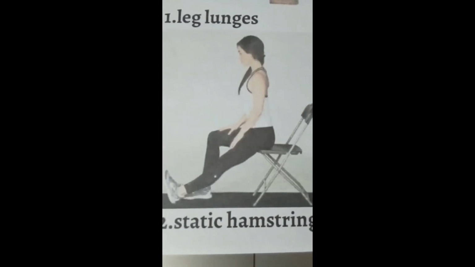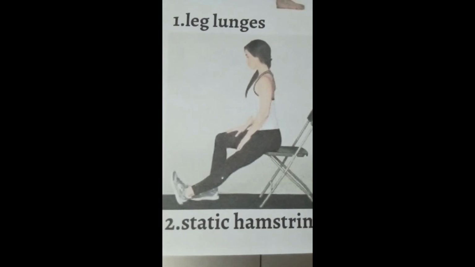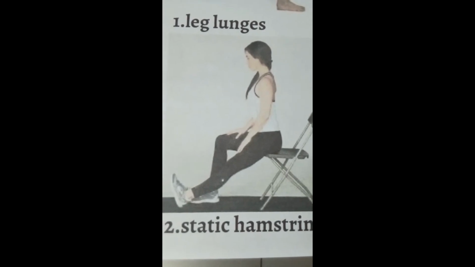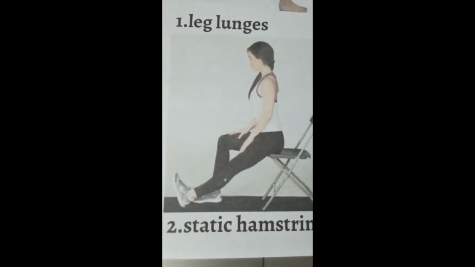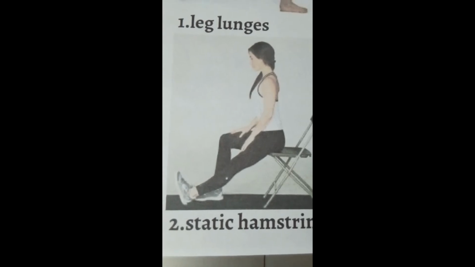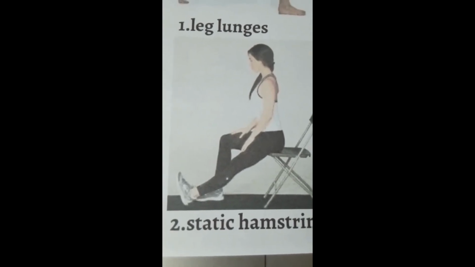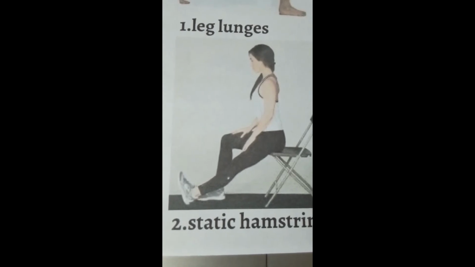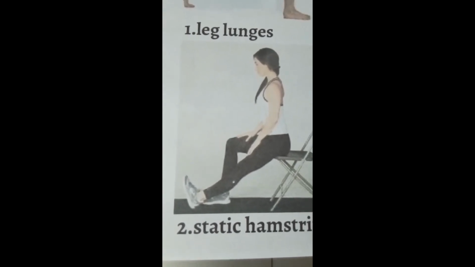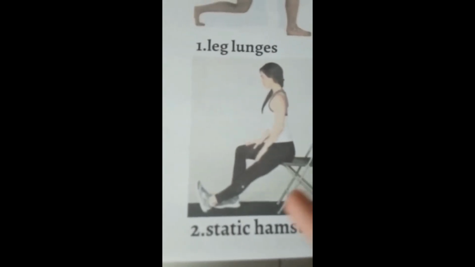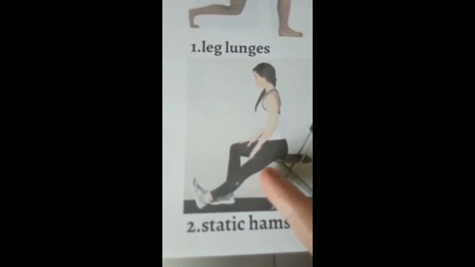So the next exercise is a static hamstring stretch. Now we know sitting or standing for long periods can cause tight hamstrings, which may lead to bad posture. For this one, you're going to sit in a hard chair without a cushion and stretch one leg out in front of you. You're going to bend down and reach for your toes until you feel a slight stretch along the back in those hamstrings.